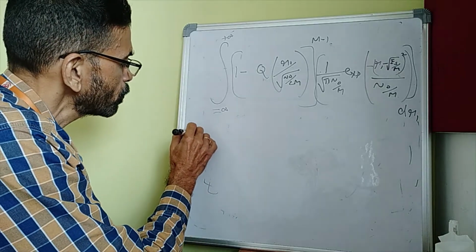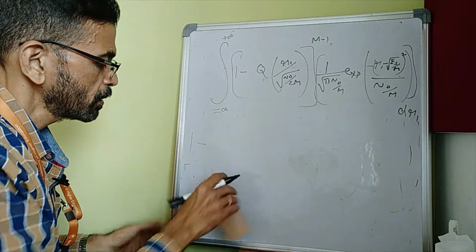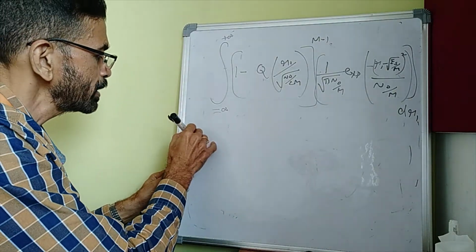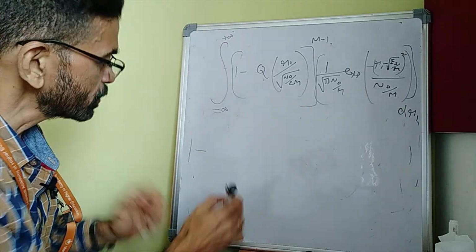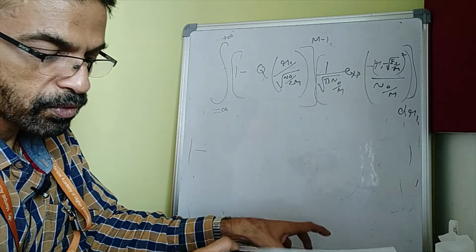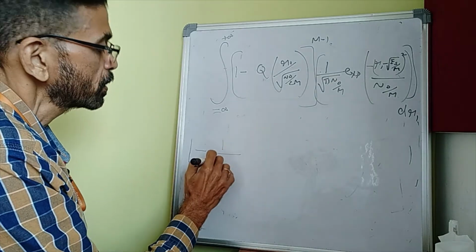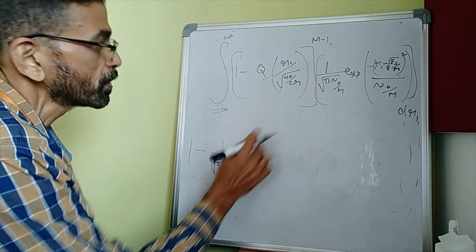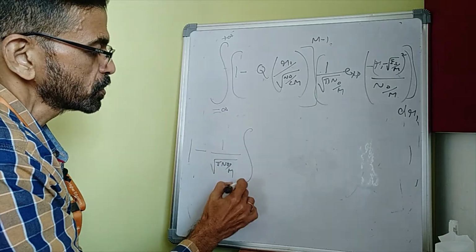So the probability of detecting the signal S0T wrongly as some other signal in the set is 1 minus this, which is equal to 1 minus 1 by root pi n naught by m. This we have taken out of the integration.